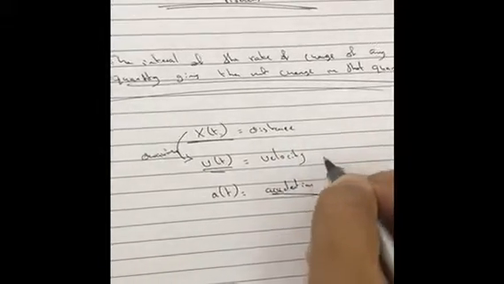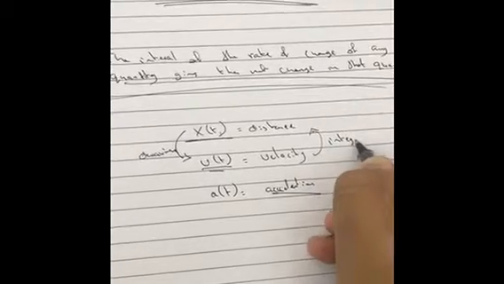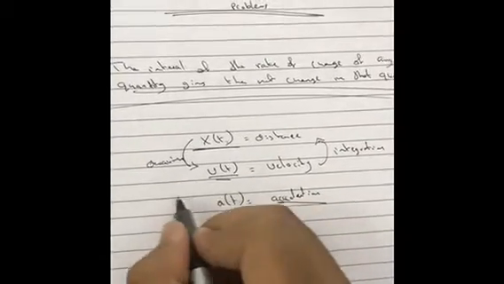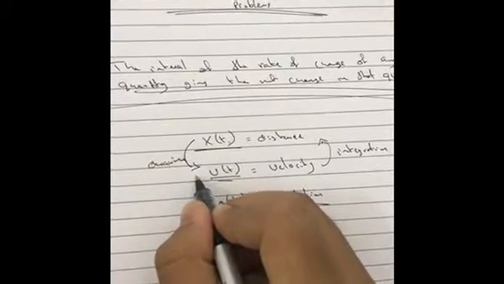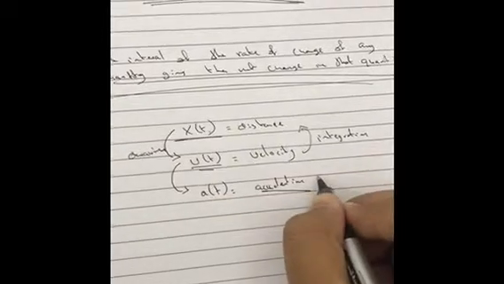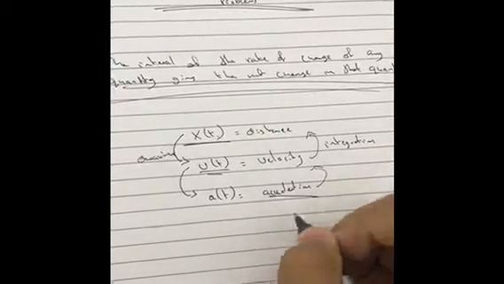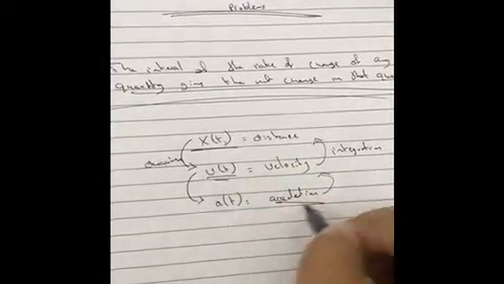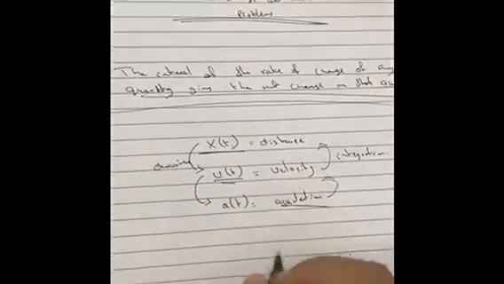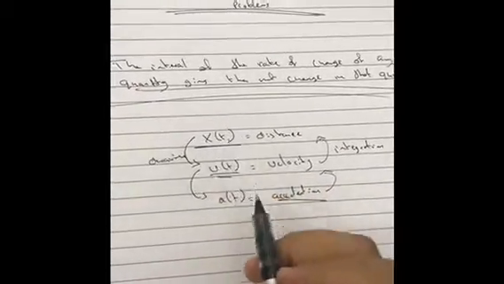And if we have velocity and we want distance, we do integration. And the same thing here, if we have velocity and we want the acceleration, we do derivative. And if we have acceleration and we want velocity, we do integration. And if we have distance and we want acceleration, we do double derivative, and here double integration. And this is the rule of the distance, velocity, and acceleration.